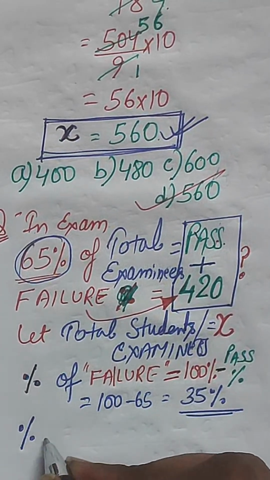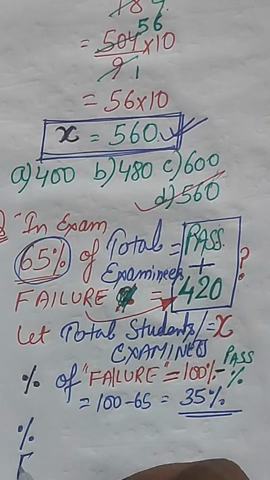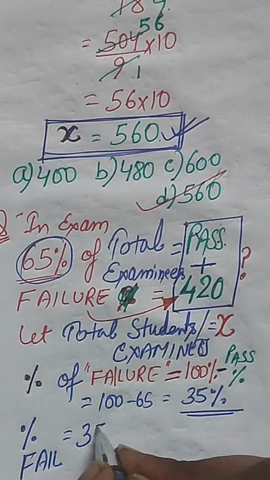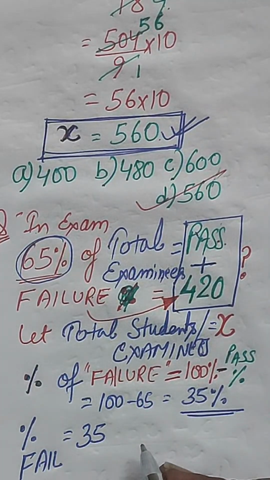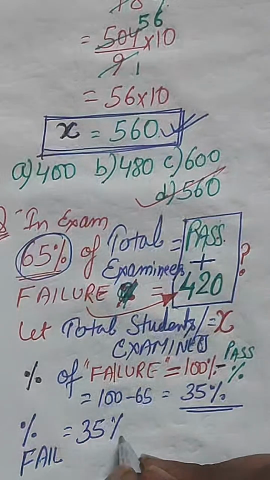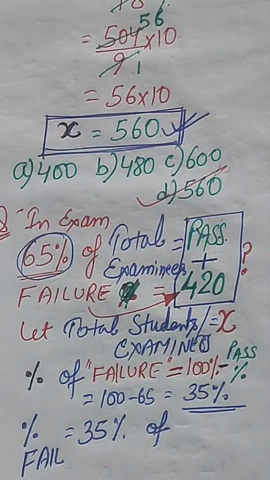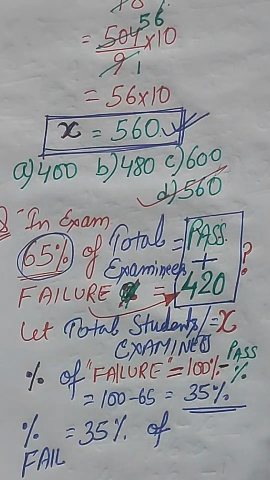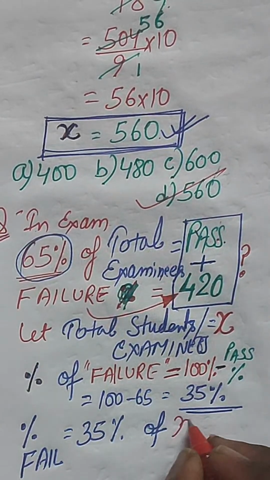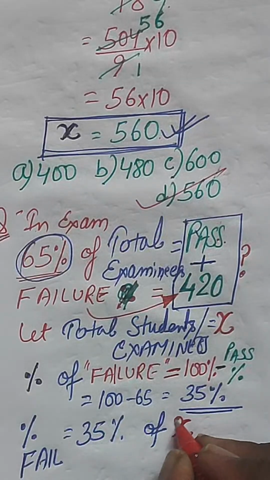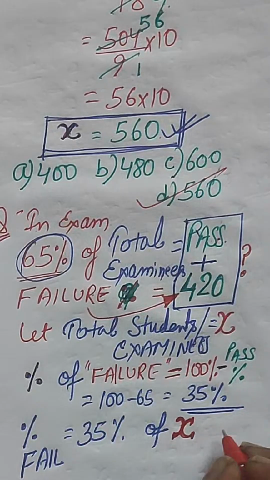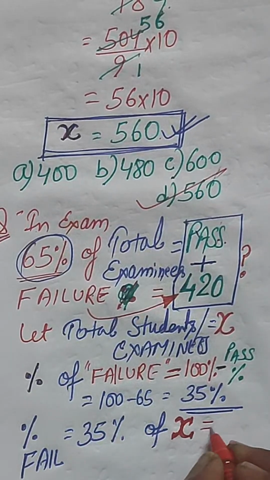Now the percentage of failure, that is the fail percent, is 35%. 35% of what? Of the total, definitely of the total, and that is X. 35% of X will be giving you the failure count.